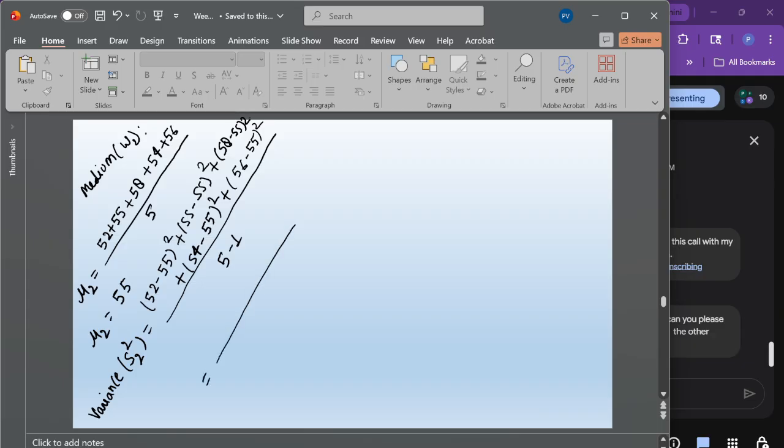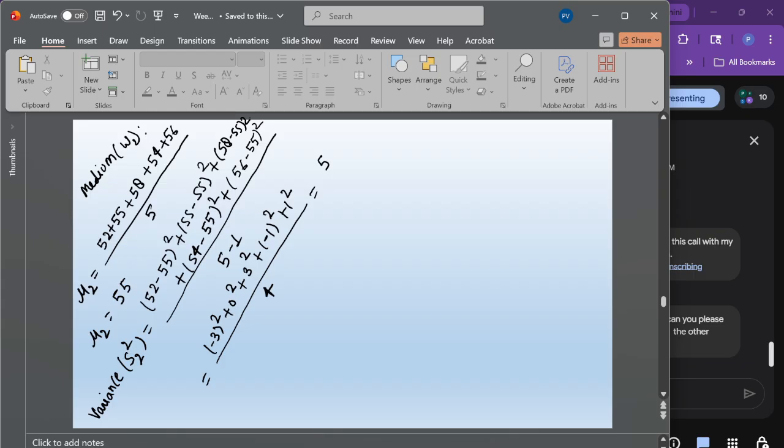Now again we get minus 3 square plus 0 square plus 3 square plus minus 1 square plus 1 square, by 4. If you add, here again you will get 5.